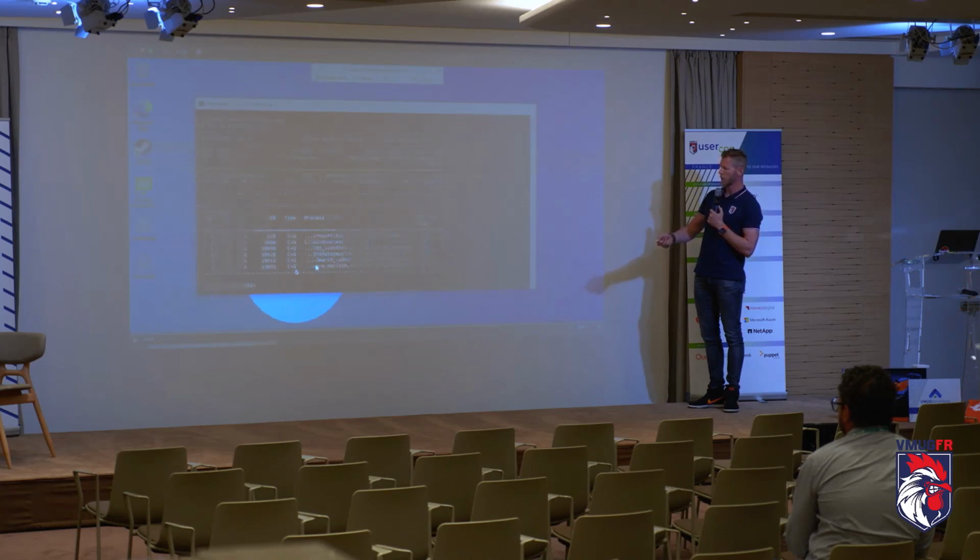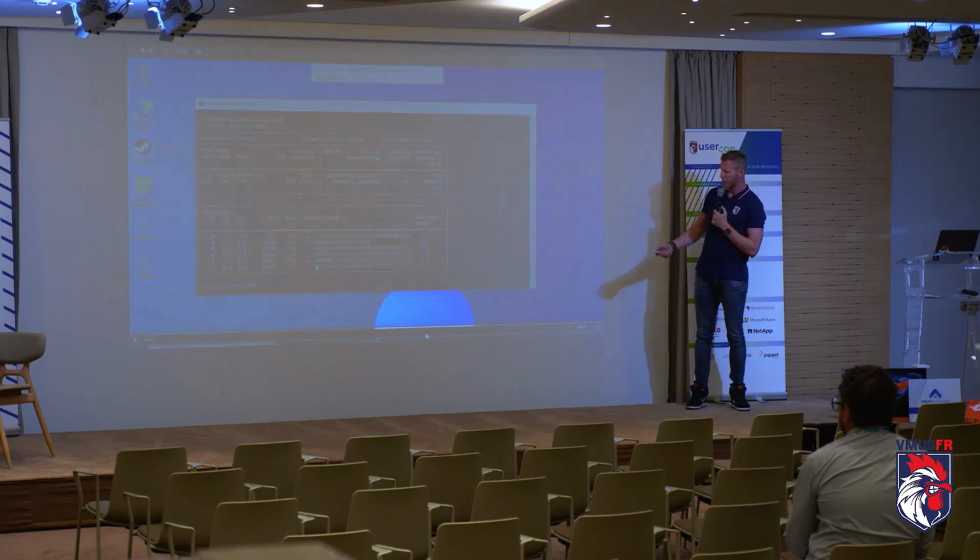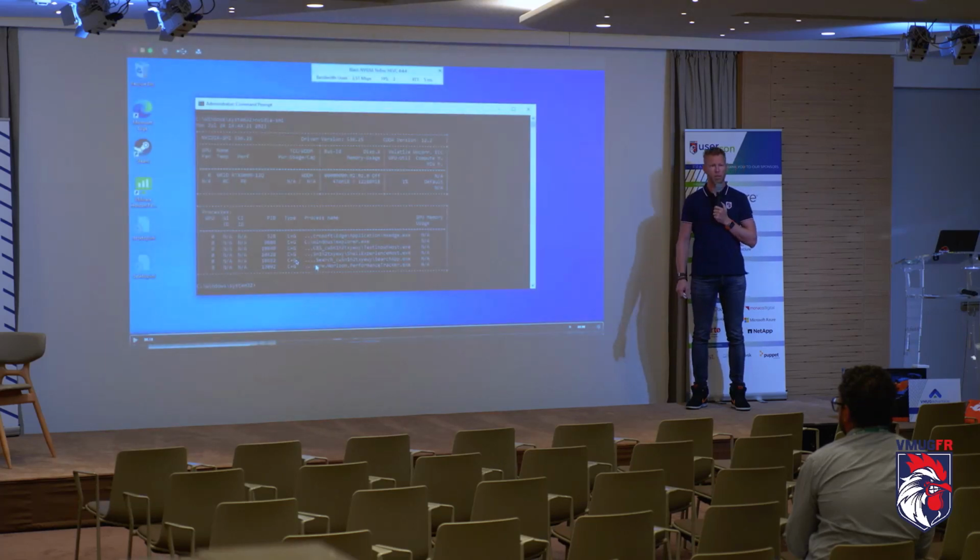And what you can see in the tab called Type is it says C plus G. And quite interesting is that there's, for instance, a utility called searchapp.exe. This is the actual search function in Windows 10 and Windows 11. What this says is that searchapp.exe is using the GPU to do a lot of indexing.